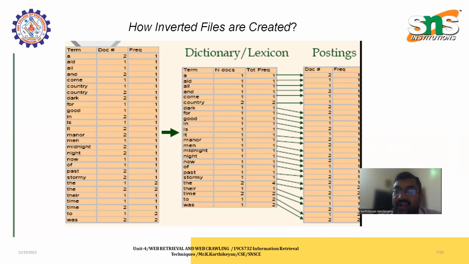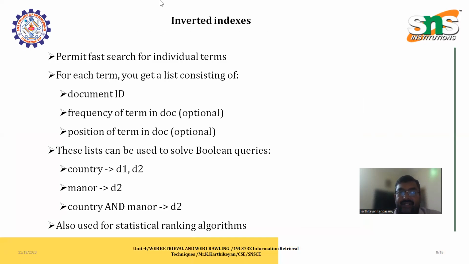Inverted files are stored in web servers, to easily identify a particular query from your customer sites. Inverted indexes permit fast search for individual terms. For each term, you get a list consisting of the document ID, the frequency of the term in the document (optional), and the position of the term in the document.